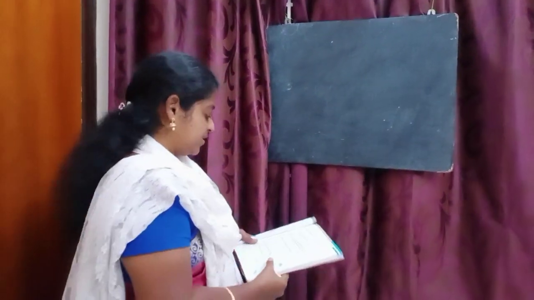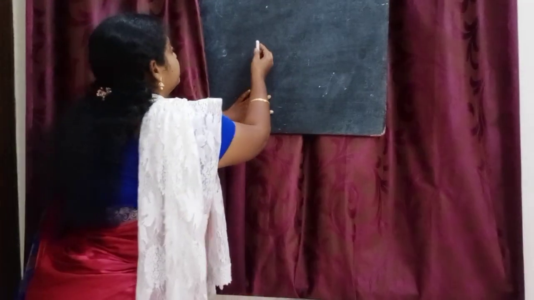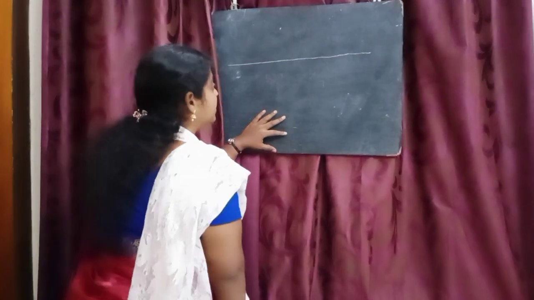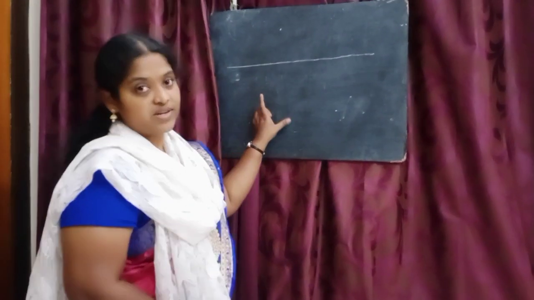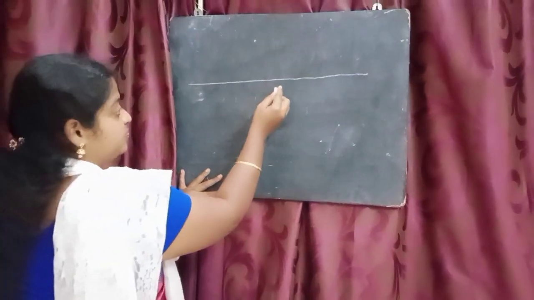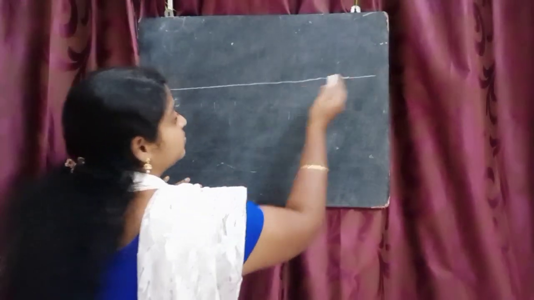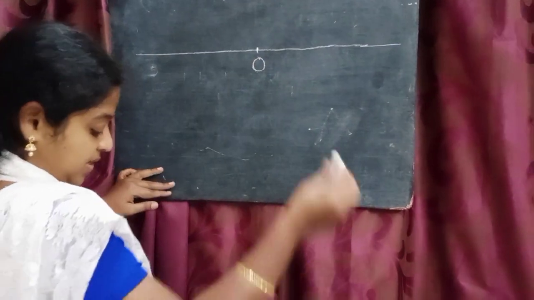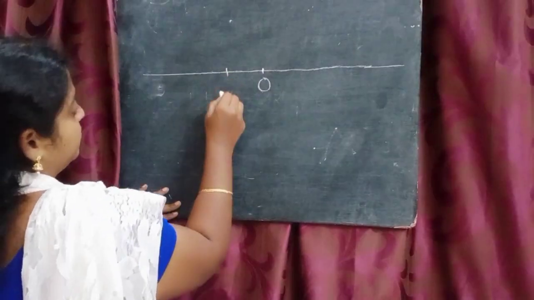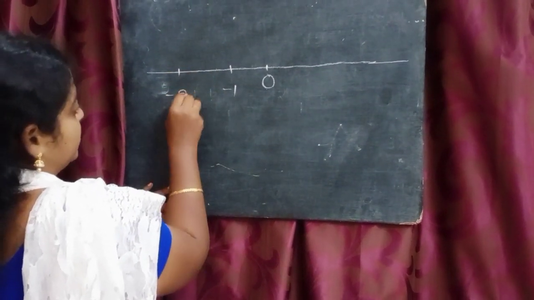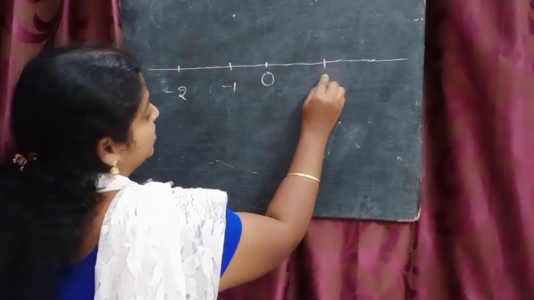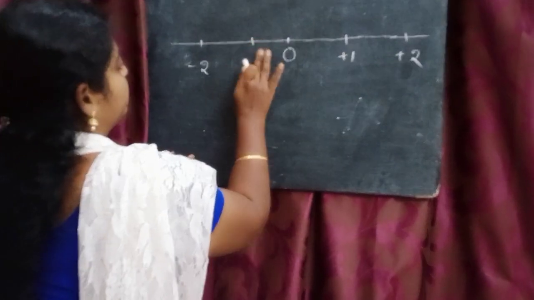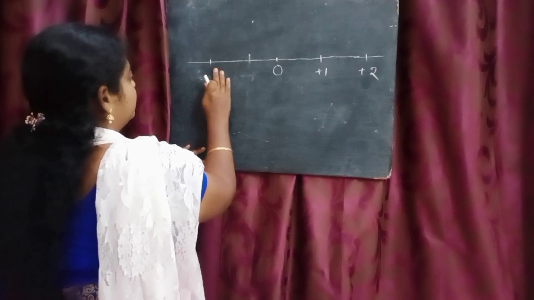For example, this is one number line. Here 0 and -1, -2. Here it is +1, +2. I'll take a little bit of distance here.